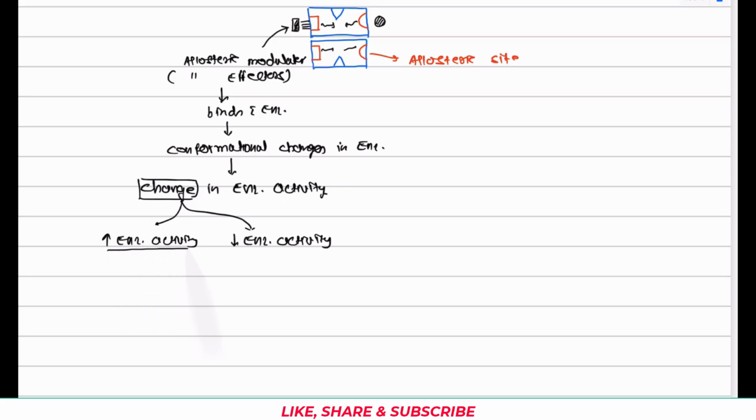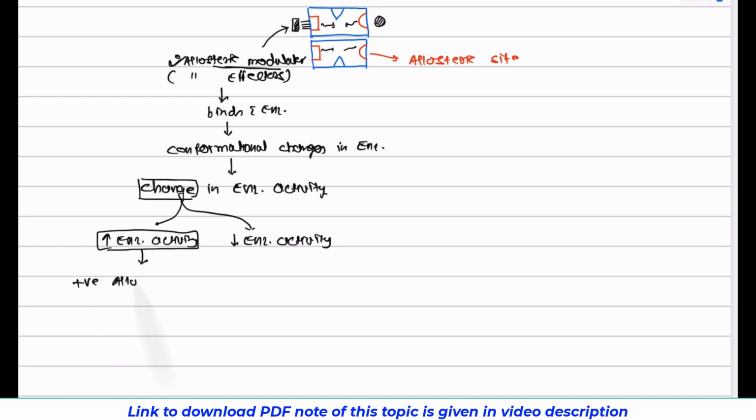If increased enzyme activity is observed when some allosteric modulator binds, then such allosteric modulators are called positive allosteric modulators. This positive allosteric modulator is also called an allosteric activator.